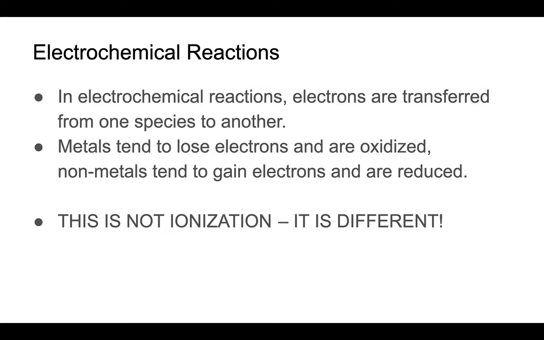We know from our previous information that all of our metals tend to lose electrons, and when a species loses electrons, we say that it has been oxidized. Similarly, a lot of our nonmetals will tend to gain electrons, and when a species gains electrons, we say it's been reduced.